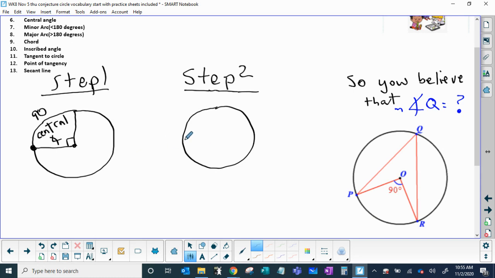But now what if I create an inscribed angle with the same vertices?